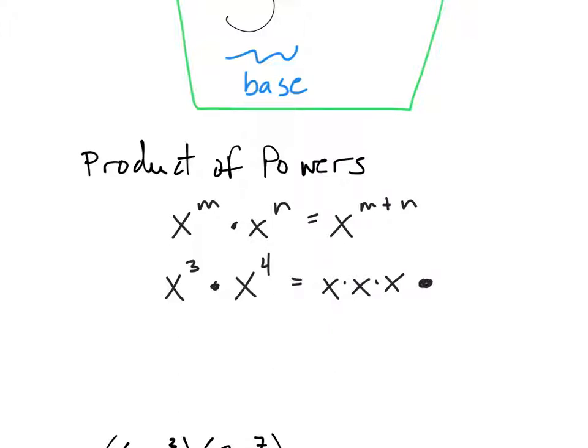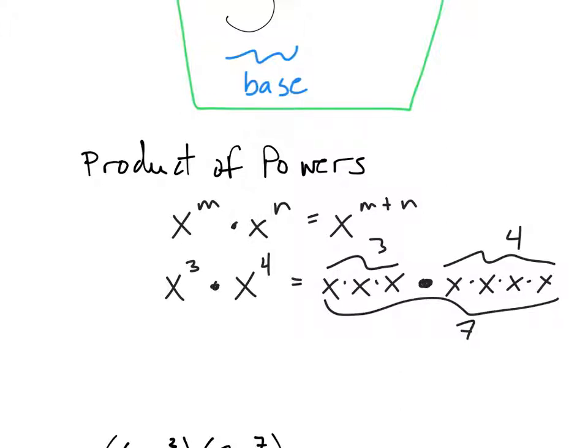Now we're going to multiply that by x to the fourth, which means 4 x's this time. So now I have 1, 2, 3, 4 x's, right? I have my 3 x's here, and my 4 x's here. All together I have 7 x's.